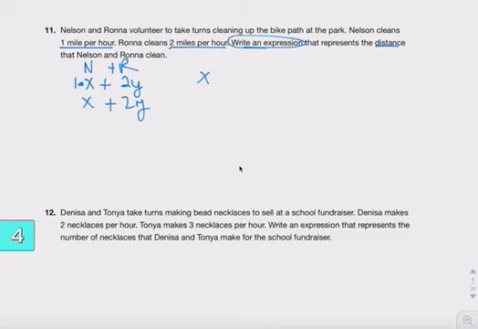X represents the number of hours Nelson cleaned the bike path.